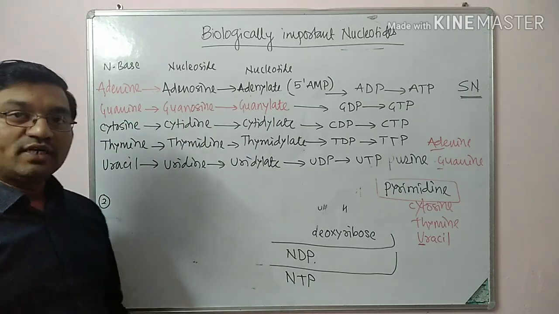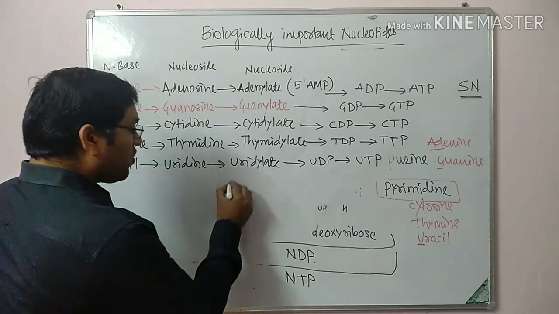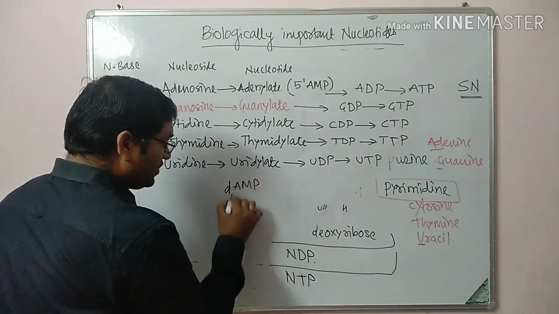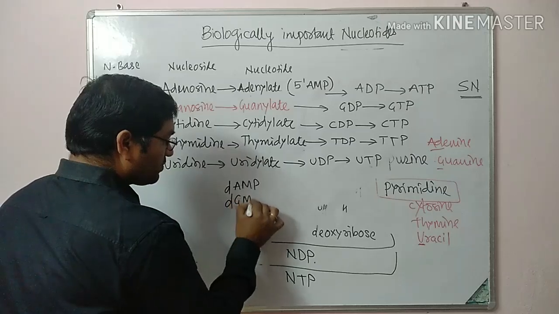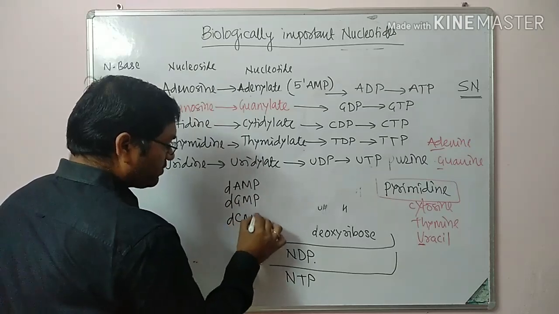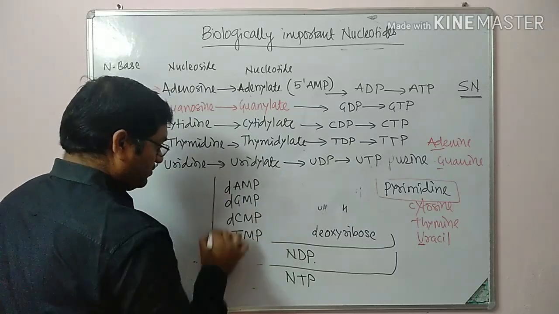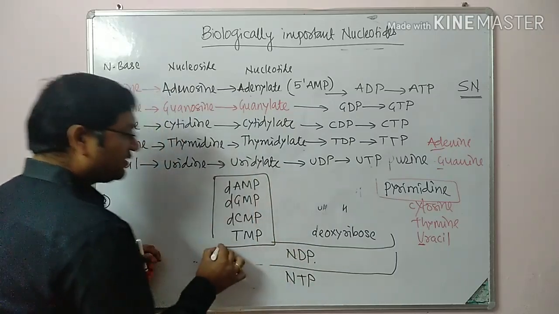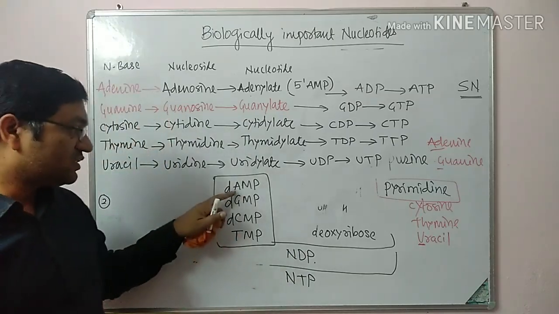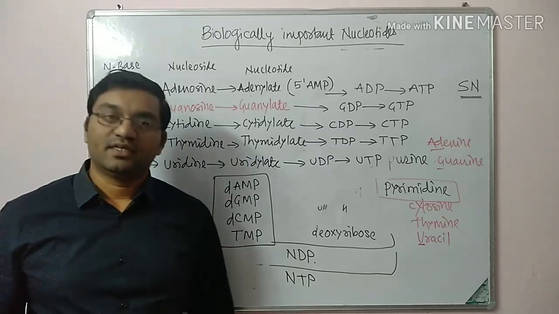When they are incorporated in DNA, they are deoxyadenosine monophosphate, deoxyguanosine monophosphate, deoxycytidine monophosphate and thymidine monophosphate. When they are in the DNA, DNA is composed of deoxyadenylate, guanylate, cytidylate and thymidylate.